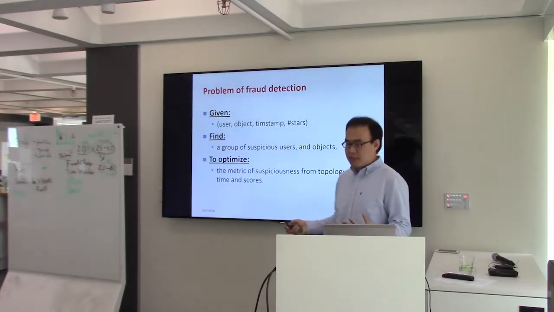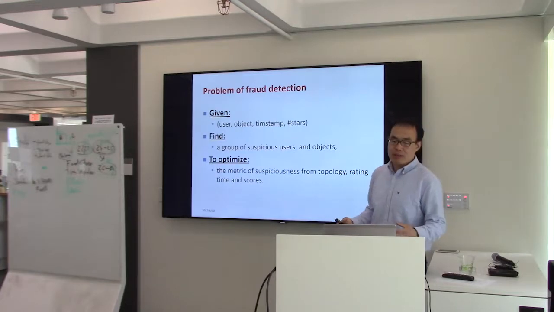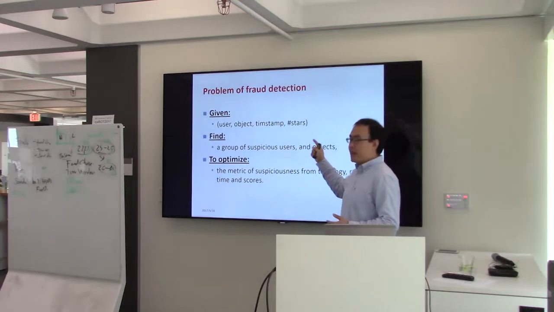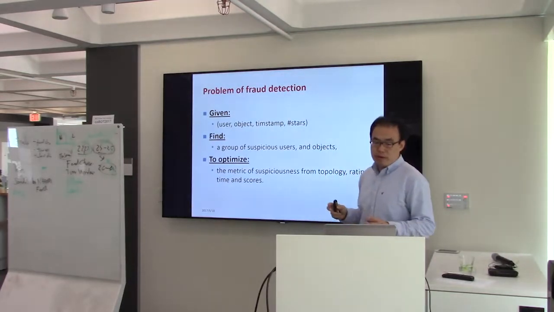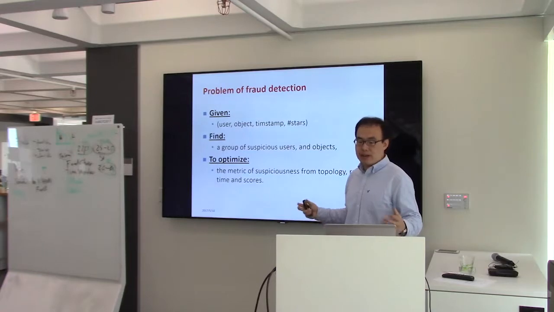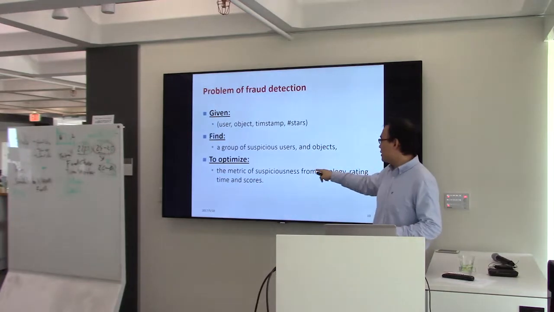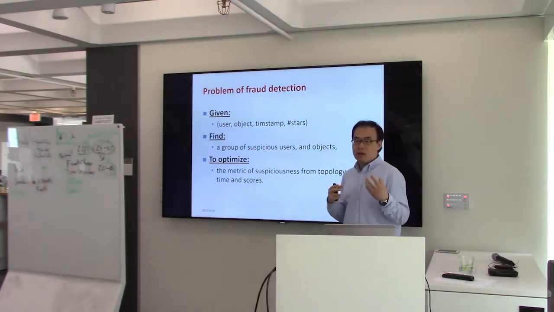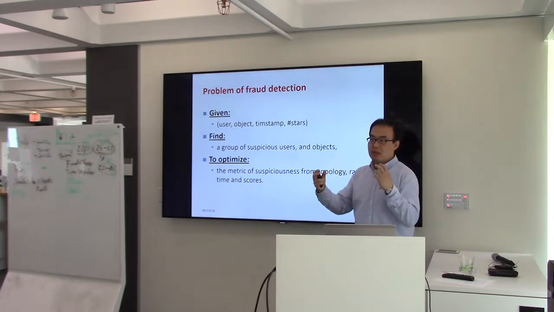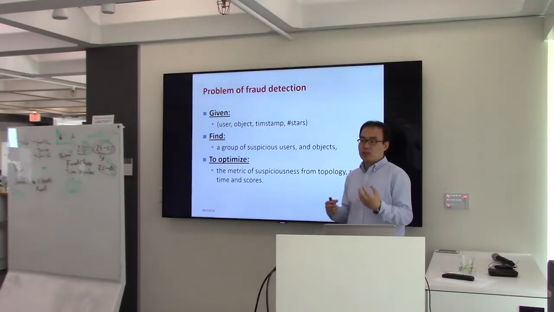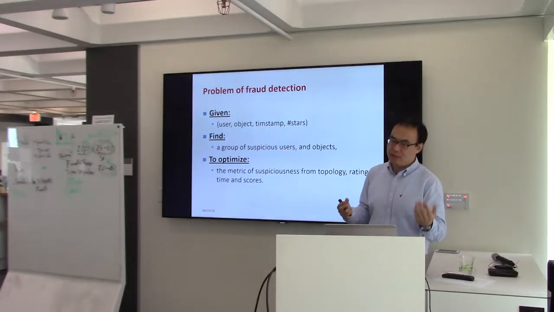With that kind of graph representation, our problem can be defined as: given the users, objects, timestamps, and numbers of stars, we try to find a group of suspicious users and objects. Our goal is to optimize the metric of suspiciousness from the topology, which means the connections between the two sets of nodes, and the rating time, the timestamps when they create edges, and also the scores, the number of stars they gave to the objects.